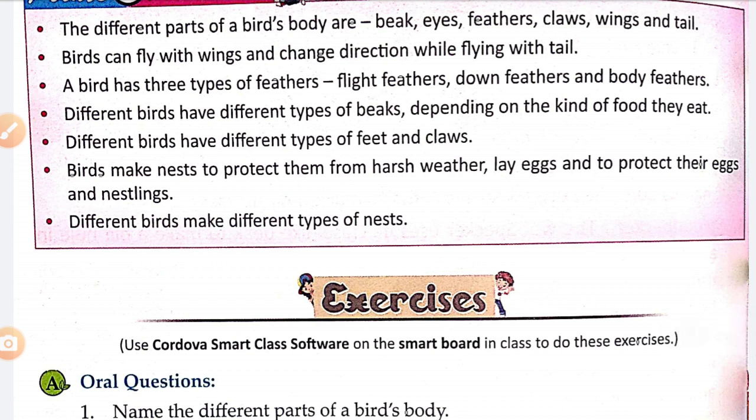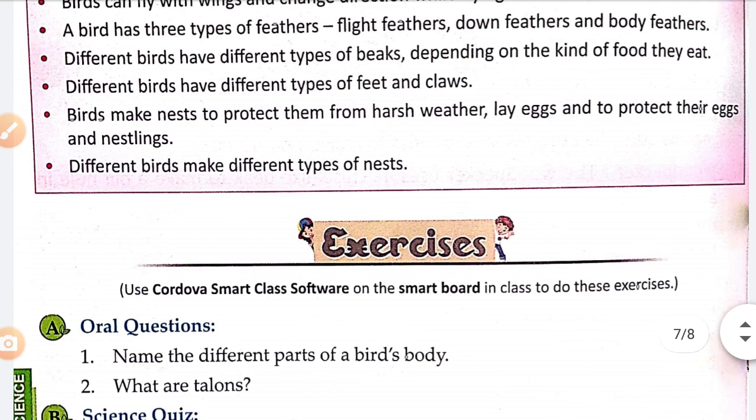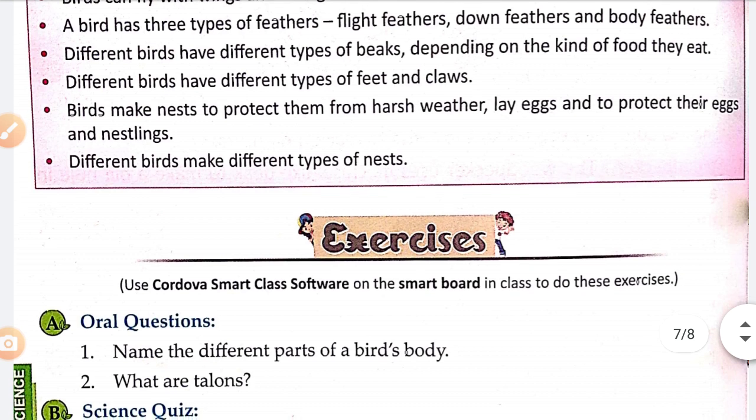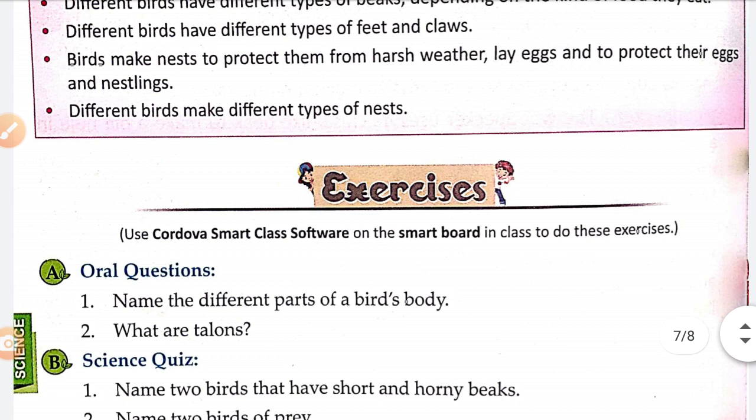A bird has three types of feathers: flight feathers, down feathers, and body feathers. Different birds have different types of beaks depending on the kind of food they eat. Different birds have different types of feet and claws.